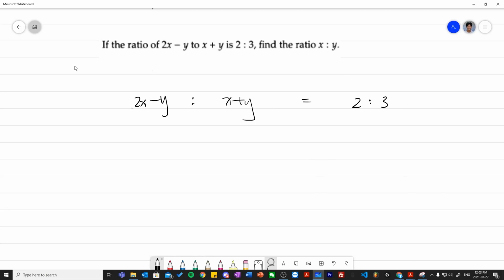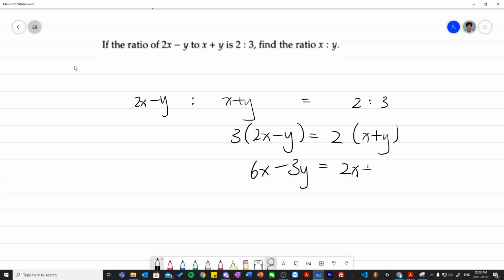So I calculate this, right? Yes, so you would get 6x minus 3y equaling 2x plus 2y. And then what did you do after this? And then I exchanged the 3y with the 2x.